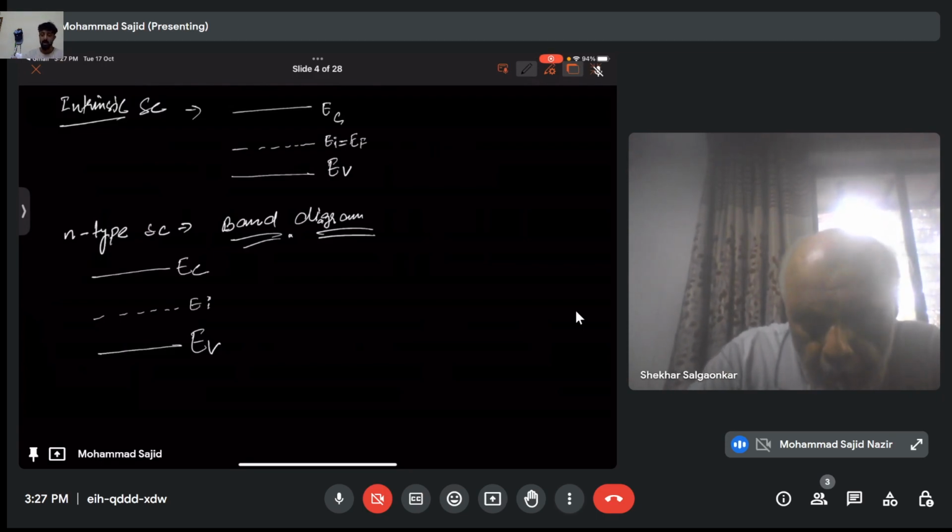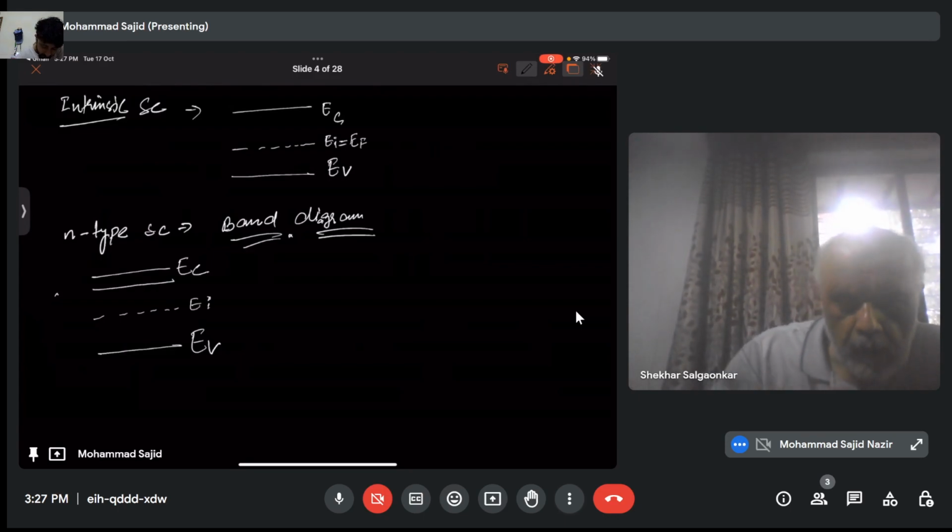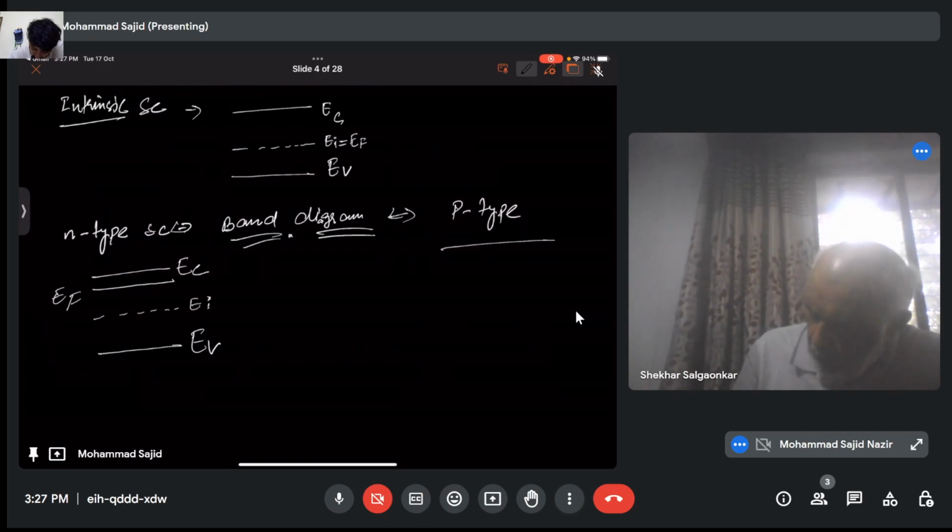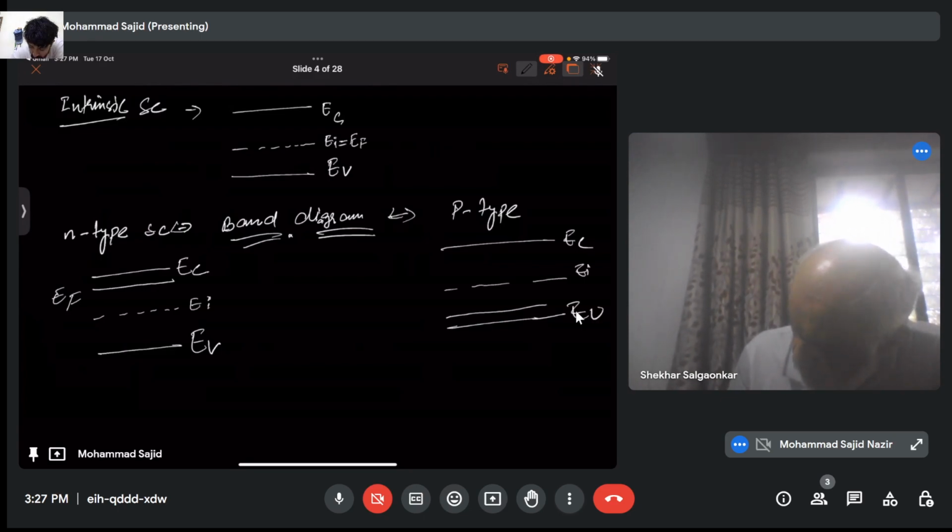To remember how the band diagram looks, you have EF near EC for n-type, and similarly for p-type you have EF near EV.